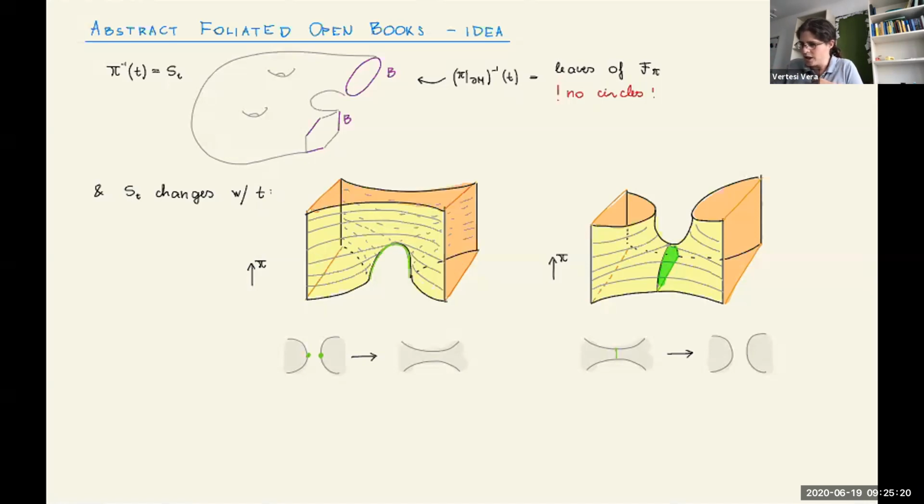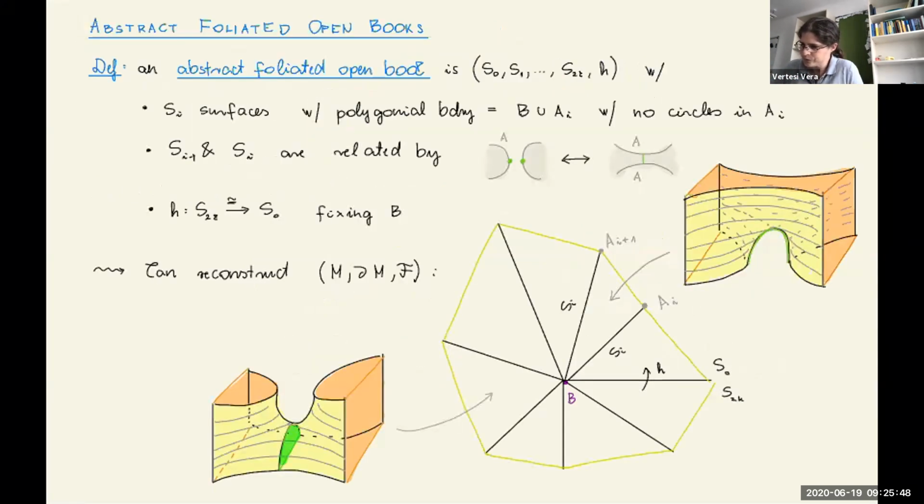Okay, so this is how the pages look, and then the pages are not constant as they used to be for normal open books, but they are changing over time. For index 1 critical points, they change like that, and for index 2 critical points they do exactly the opposite. So you either cut along something or glue a one-handle to your pages, and then an abstract foliated open book can be defined.